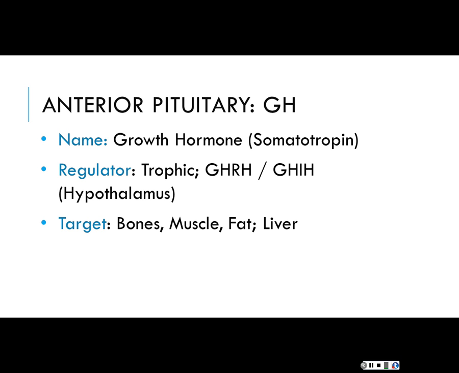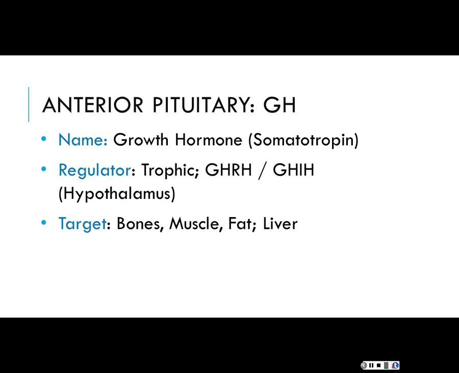If we were to look at the function at the bones, the muscles, the fats, and the liver, and apply our metabolic terms like we used early in the semester, what were the two terms we could use for metabolism? We said reactions are either catabolic or anabolic. What type of effect does growth hormone have on bones?